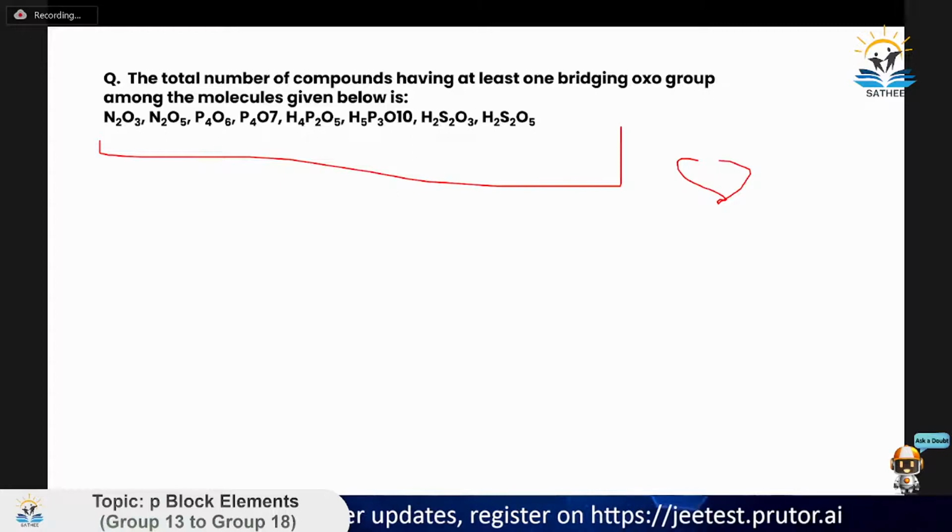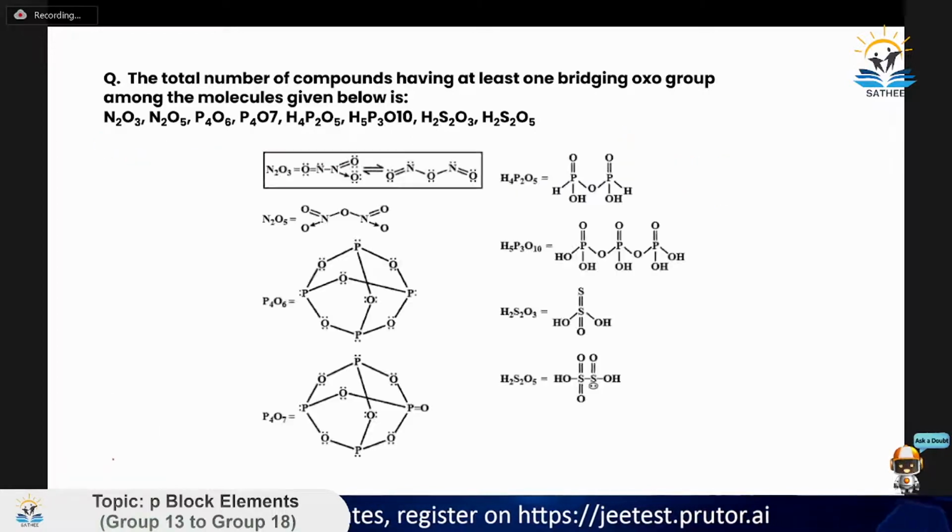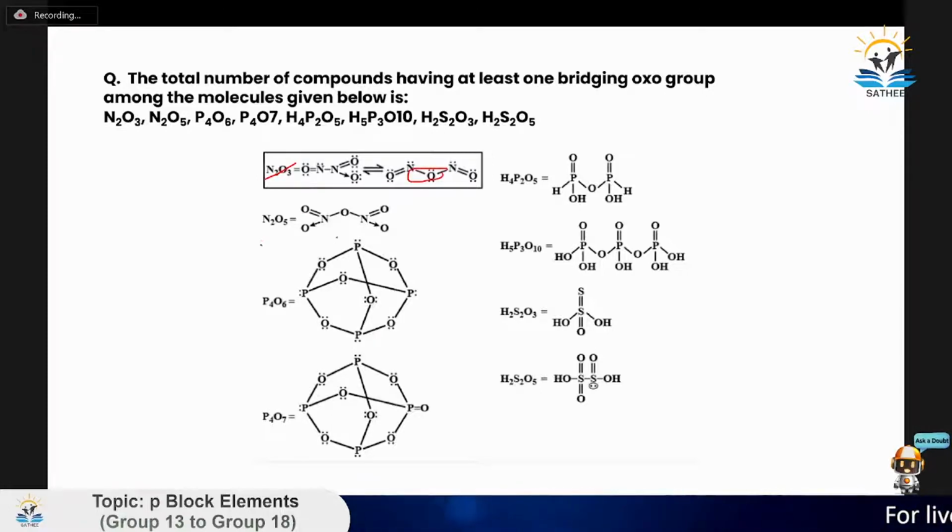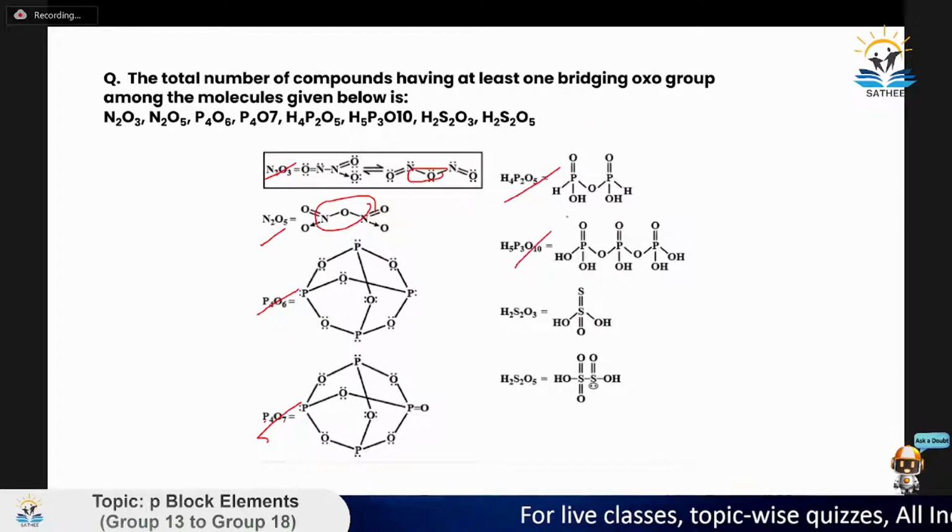Later, when the slides are shared with you, you will see I have already made this, taking the structures over here. N2O3 forms a structure with a little bit of keto-enol tautomerism here. You can see N2O3 has a bridging oxygen right here. N2O5 has one. I just showed it to you in P4O6 and P4O7. We saw it in P4O10, but it's the same. And H4P2O5, and we saw it in H5P3O10.